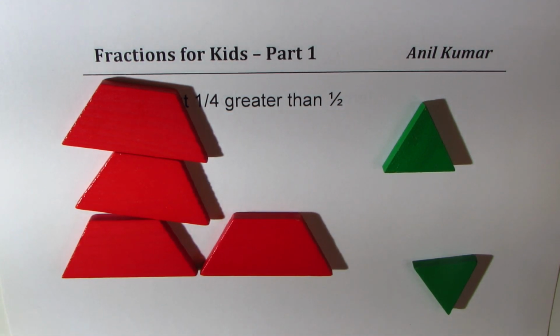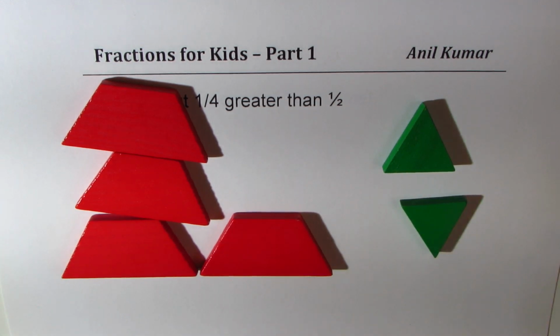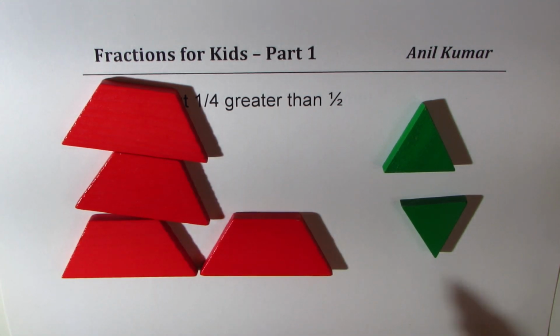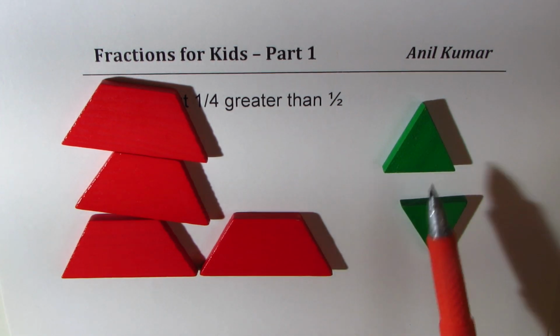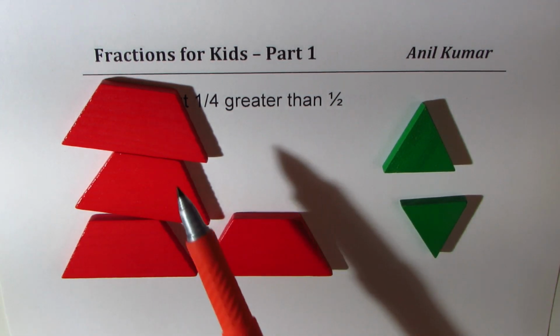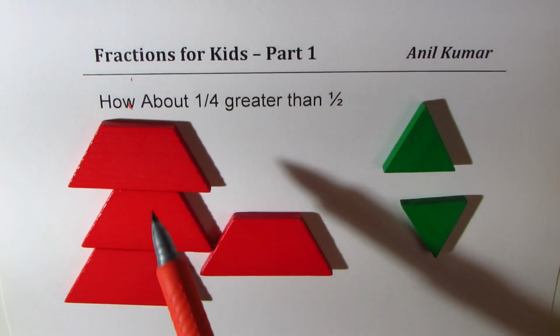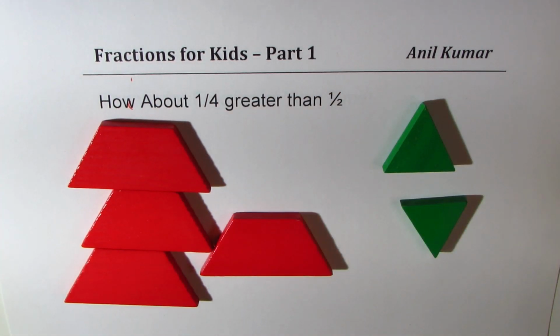Because what we saw here is that 1/4 is greater. Why is it so? Simply because the whole was much bigger. These were much bigger pieces than those. Therefore, 1/4 was greater than half. So at times you could have 1/4 greater than half, as you can see in this particular example.